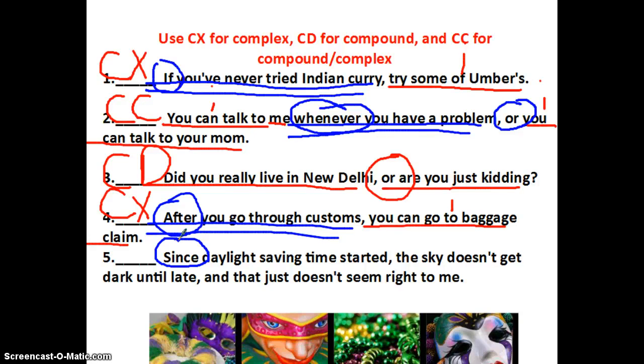Well, until is an AWUBIS word, but I don't see a subject and a verb after that, so I don't think that's a clause. But I do see a FANBOYS. So first I'm going to underline any of the dependent clauses. My dependent clause is "since the daylight saving time started." I'm going to double underline that.